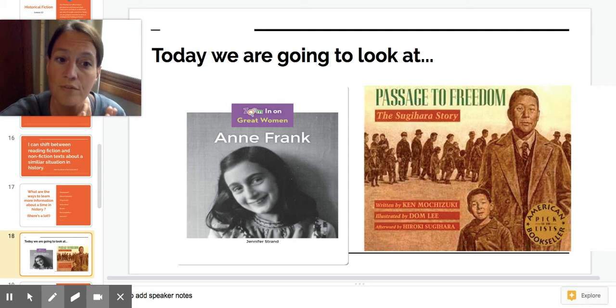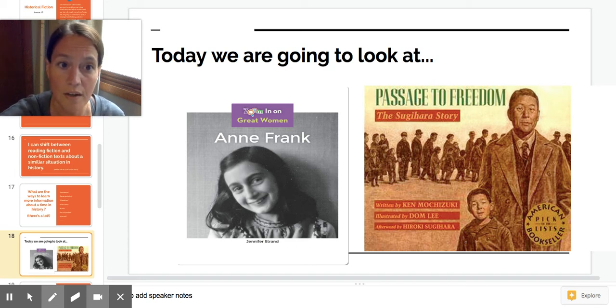And when you go off to do your own work, you're going to be reading The Passage to Freedom, the Sugihara story. Now, these are both books about two real people in history who lived during the Holocaust. And one is a little girl who, just like Ellen, a Jewish girl, Anne Frank, you've probably heard of her, and her experience of having to hide.